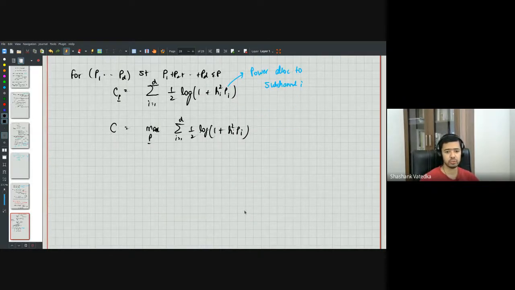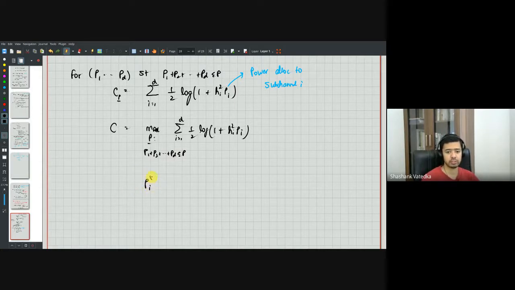Okay, so you can use Lagrange multipliers and solve this. I'm not going to do it exactly because we've already done it in the channel coding class. So you can try to solve this optimization problem on your own by introducing Lagrange multipliers to satisfy this particular constraint, the sum of P_i less than or equal to P. Right, and basically the solution turns out to have the following form.